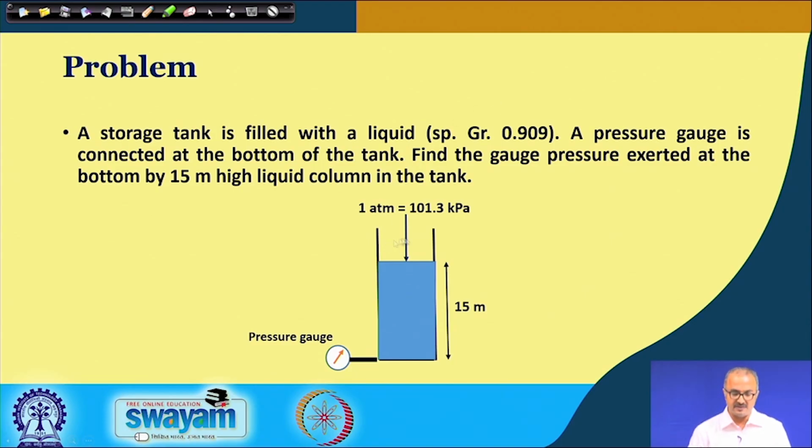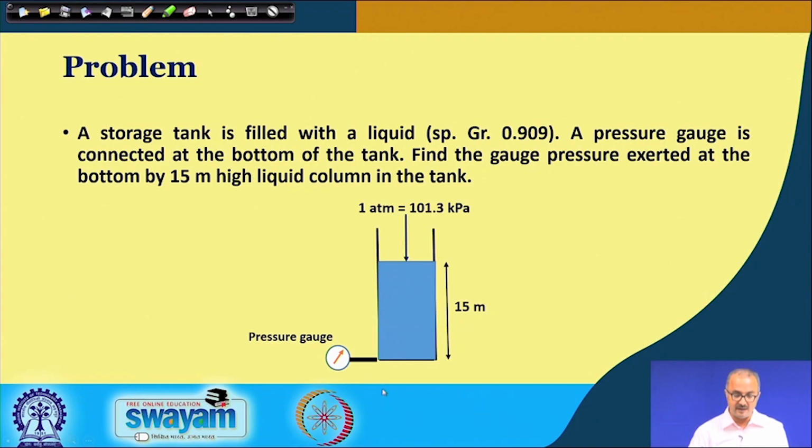In this we have a vessel containing a liquid, and there is a certain pressure gauge at the bottom of the liquid, and the specific gravity of the liquid is mentioned here. Okay. We have to find the gauge pressure exerted at the bottom if we have a 15 meter liquid column. Now, you know the gauge pressure is the excess pressure over the atmospheric pressure.